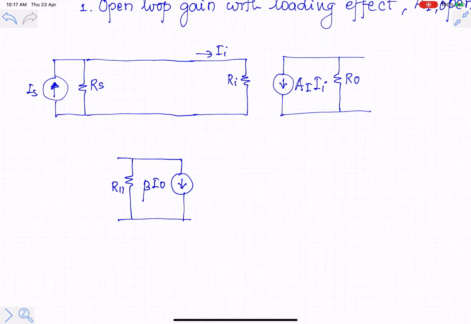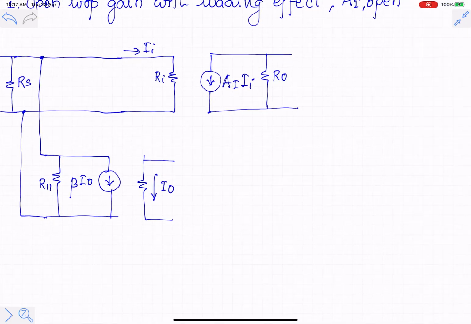So it should be placed in parallel with it, and this is the input side. So this current is I naught. So this complete circuit is the feedback network.